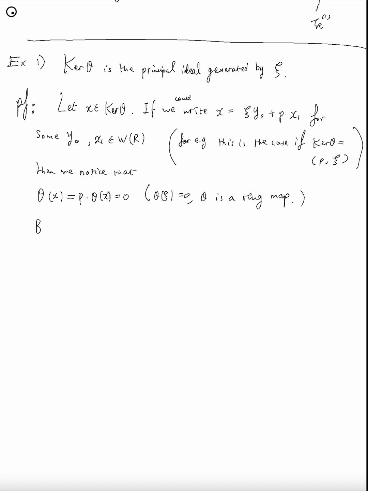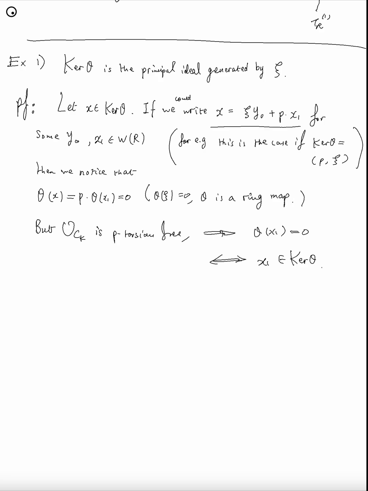But everything is now happening in the target of theta, which is O_C^K. This is p-torsion free. Hence, this implies that theta of x1 must be 0. In other words, x1 is in the kernel of theta. This is under the assumption we could write it in this form.